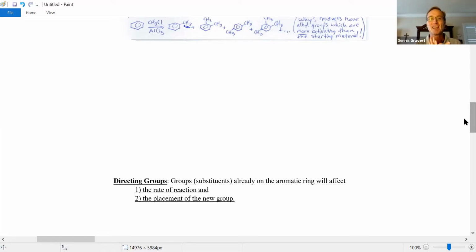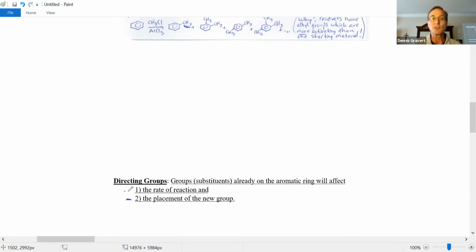First thing you have to realize is if there's already a group on benzene, it's going to say where the incoming group goes. So all the groups that are already on the benzene ring at the start of the reaction are directing groups. The little director saying, hey, new group, I'm going to tell you where to go. So they determine the placement of the new group.